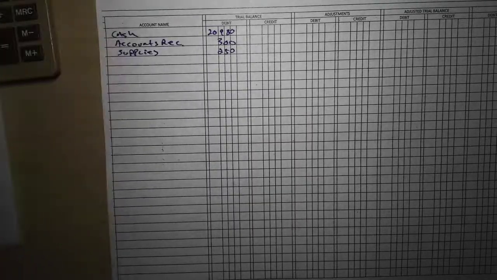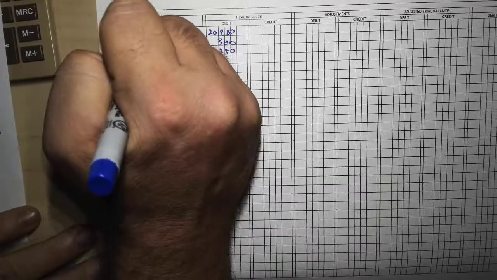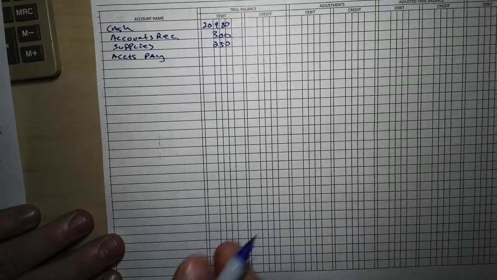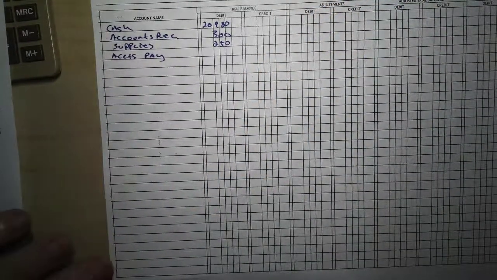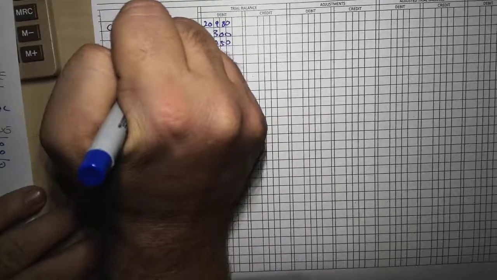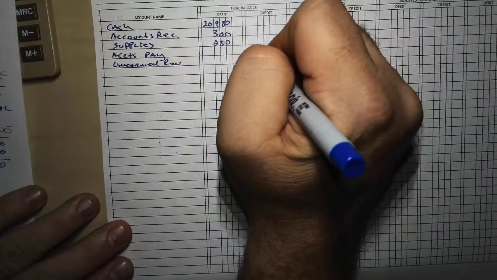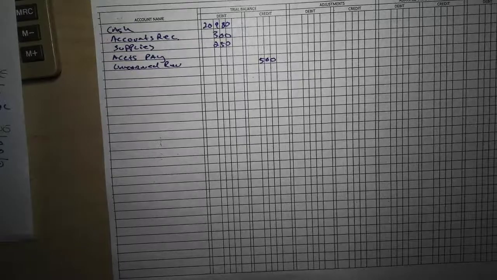So then I go into my liabilities. All right, so that's accounts payable. And I'm going to abbreviate a little bit here. And that's going to be a zero balance, so I don't have to put anything. Unearned revenue. It's a $500 credit balance now, okay, because that's a liability, so it's got to go on the credit side.